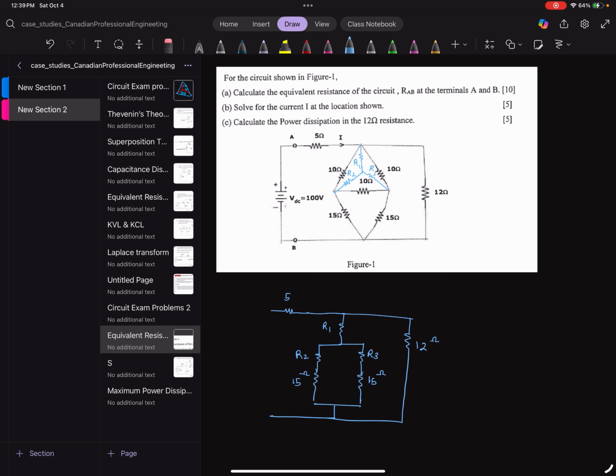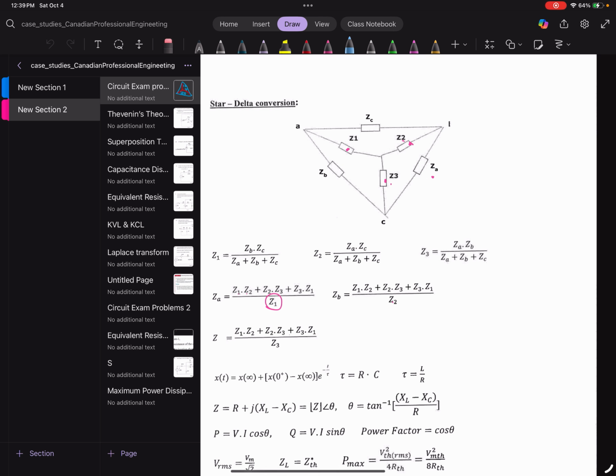Okay, so let's go back to our cheat sheet. When we want to calculate R1, R2, R3, we have to use these formulas. In the denominator, we have the summation of all three. In the numerator, we have the two resistances multiplied.